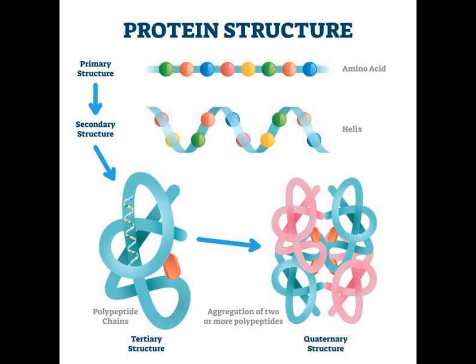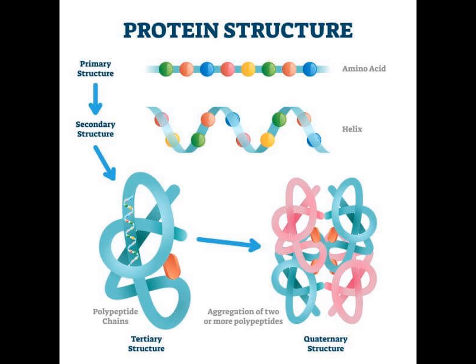Now this bending will usually happen because the groups, specifically the R groups of the amino acids that are in that chain, start reacting with one another. So based upon their properties, whether they're polar or nonpolar, they will bend in certain directions.